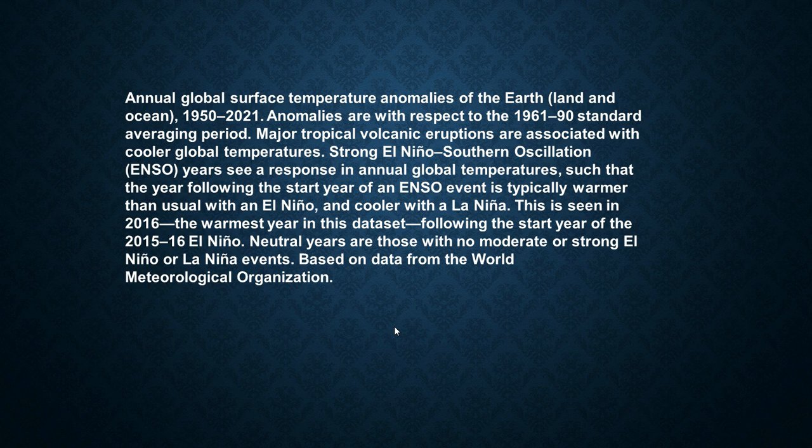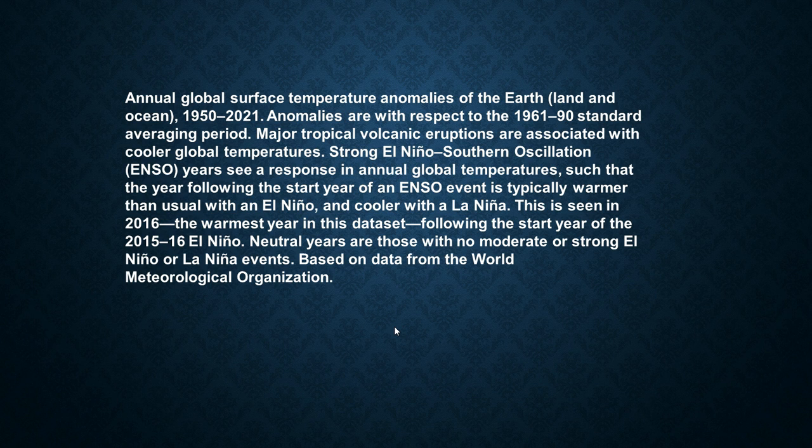Okay, annual global surface temperature anomalies of the Earth, land, and ocean from 1950 to 2021. Anomalies are with respect to the 1961 to 1990 standard averaging period. Major tropical volcanic eruptions are associated with cooler global temperatures. Strong ENSO years see a response in annual global temperatures such that the year following the start year of an ENSO event is typically warmer than usual with an El Nino and cooler with a La Nina.